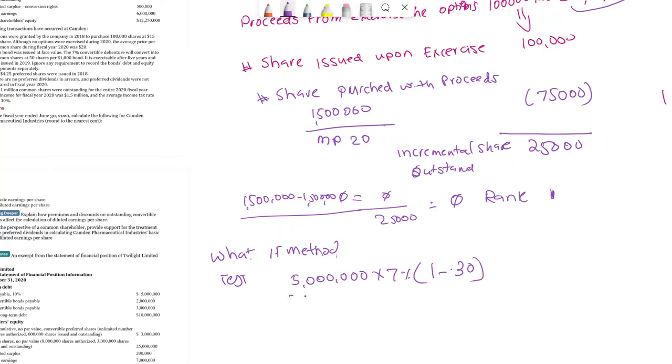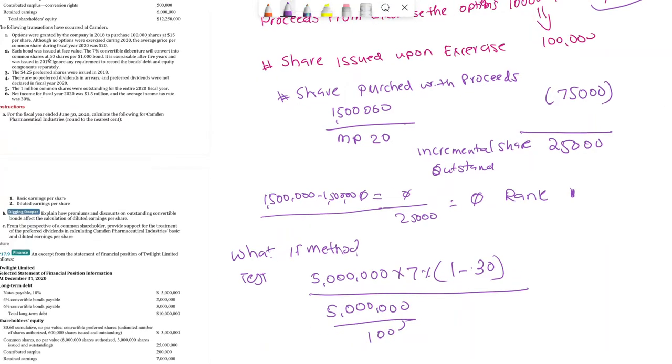So that's my top number. At the bottom will be your 5 million bond, and they said each 1,000 bond can be converted into 50 shares.